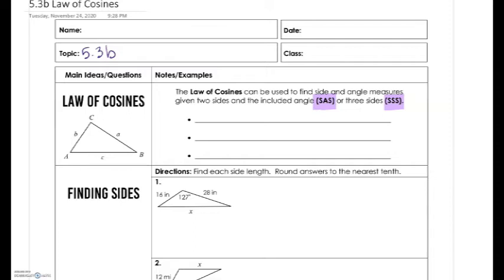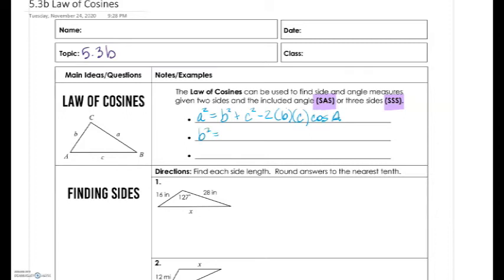So here we go with our key information. It's basically three different ways to do it depending on if you know A, B, or C. So we have a squared equals b squared plus c squared minus 2 times b times c times the cosine of A. And what you're going to notice is these are all very similar, but the details change based on which angle you have.